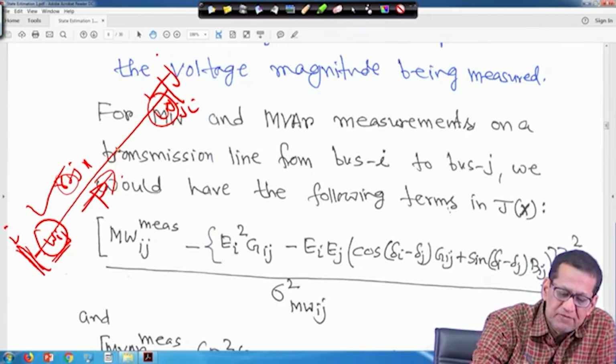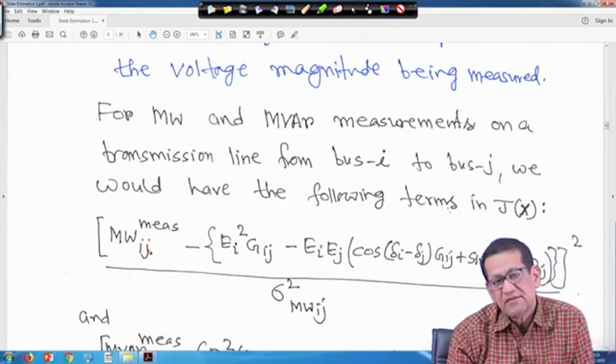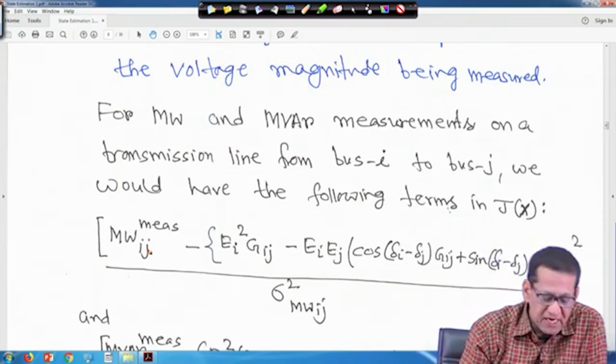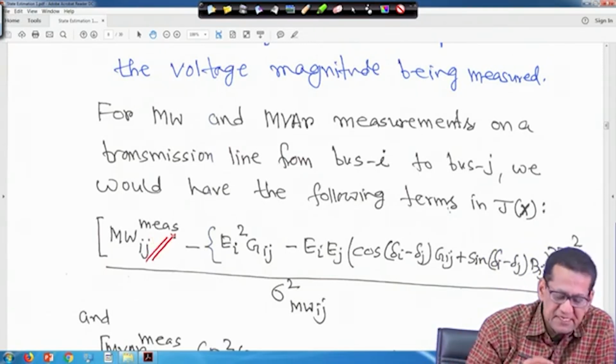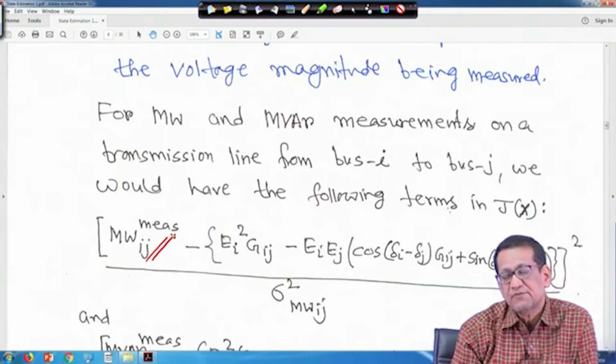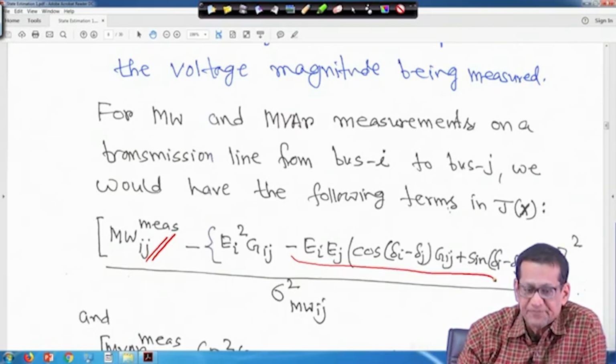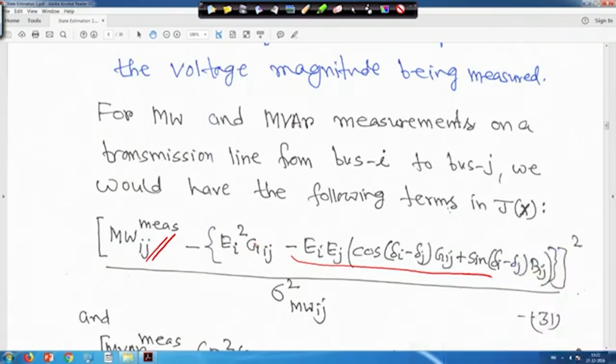Similarly, when you measure power, megawatt Ij, you have to place the meter in the line near bus I, and that is your megawatt Ij measurement. Power is flowing from bus I to j, so I have used this equation: Ei square Gij minus Ei Ej in bracket Gij into cosine of delta I minus delta j plus Bij sine of delta I minus delta j, whole square.